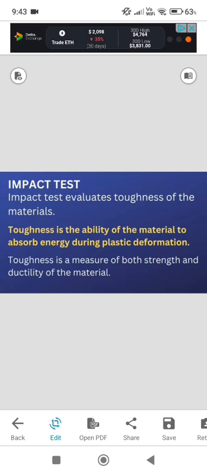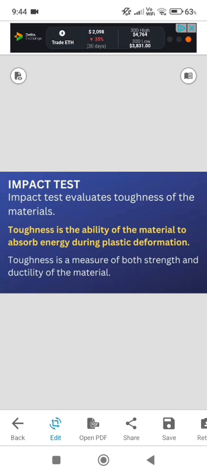In the final result of the test, we find out the toughness of the material. Toughness means the amount of energy the material absorbs up to plastic deformation and fracture.